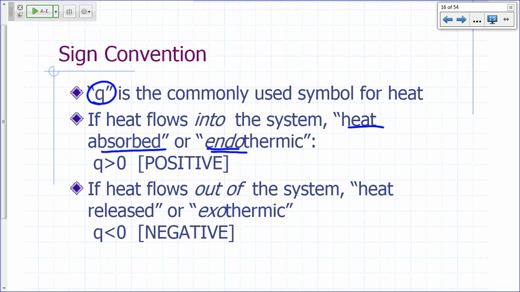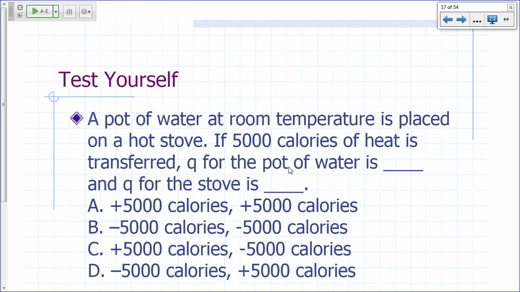Endo means going into, and thermic has to do with heat. So Q is assigned a positive value when heat flows into your system. If heat flows out of your system, we assign a negative value for Q, because the energy of your system is dropping.